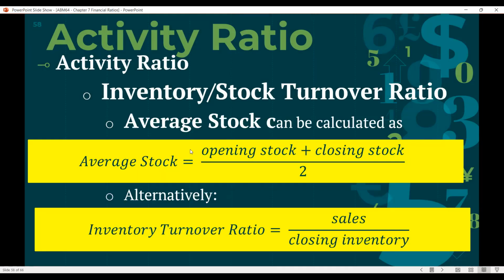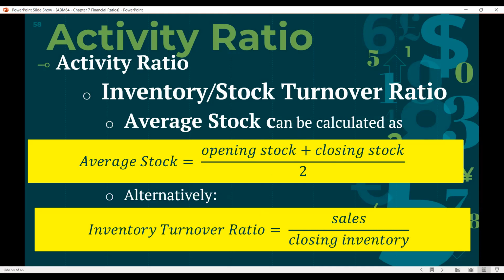Well, the second one, we have average stock. This can be calculated as average stock equals opening stock plus closing stock divided by 2. And inventory turnover ratio can also be calculated as sales over closing inventory.